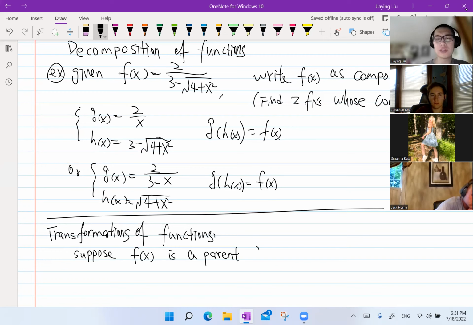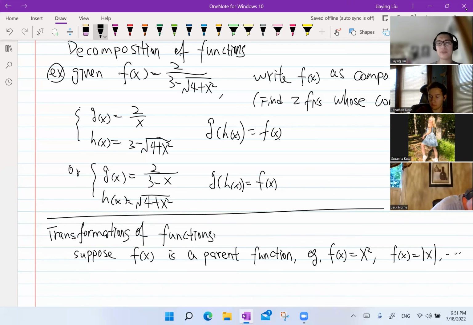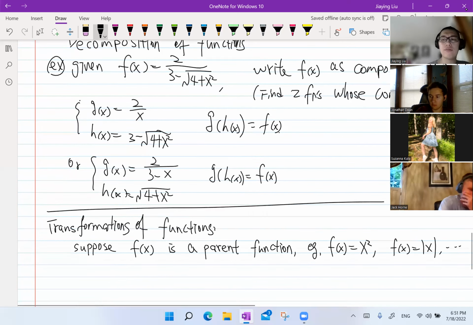For example, f of x equals x squared, f of x equals absolute value of x, etc. It's just the simplest function you get without adding a number or subtracting a number from the x or from the entire expression. So suppose f of x is a parent function, and g of x is obtained from f of x through some transformation.